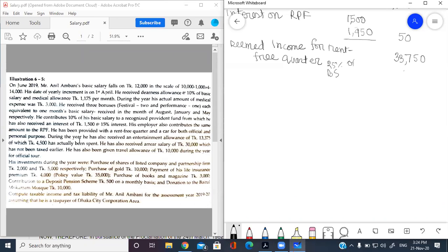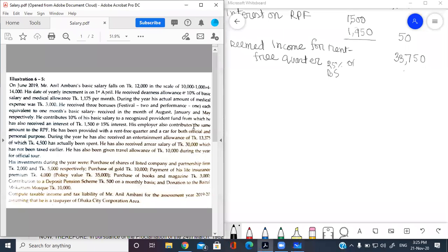But if you are a private employee, you need to convert this facility in terms of taxable income. However, if you are a public sector employee, these facilities are tax exempted. That is another reason for getting motivated to have a job opportunity in public sector.